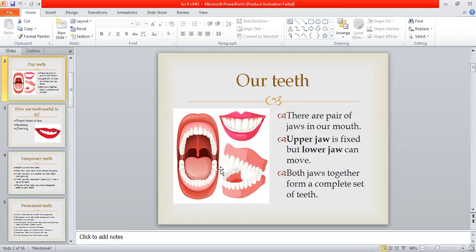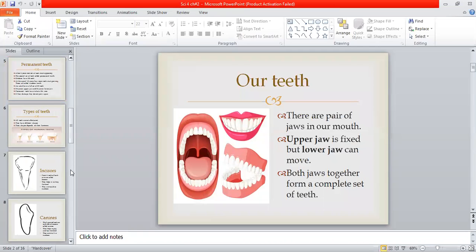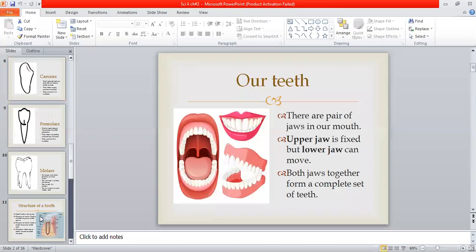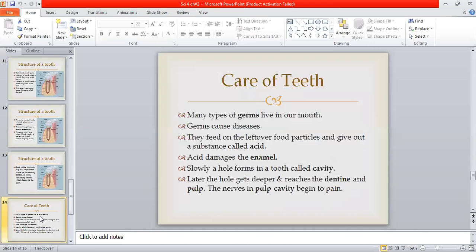Whenever you eat anything, the food particles get stuck in those parts. That's why your mother, your dentist, the person who takes care of your teeth, says that whenever you eat, wash your mouth again and again. This is necessary because if you don't wash your mouth after eating, the leftover food particles will be attacked by germs.